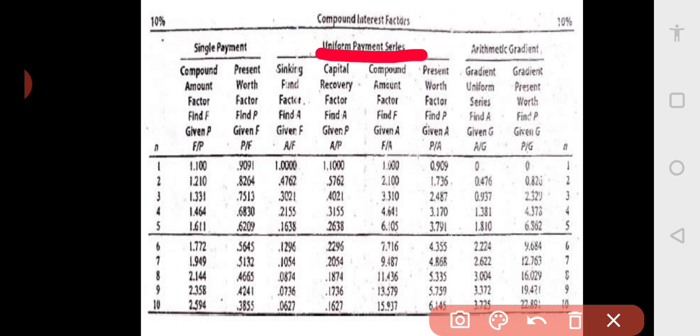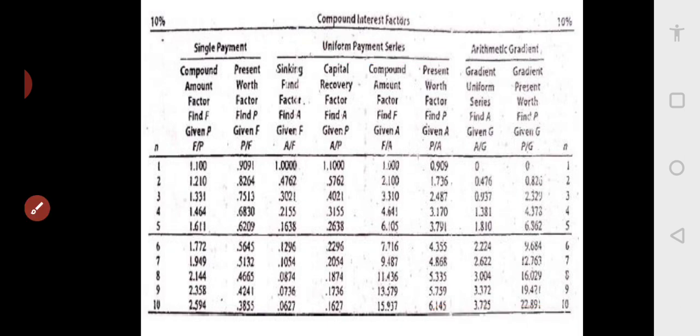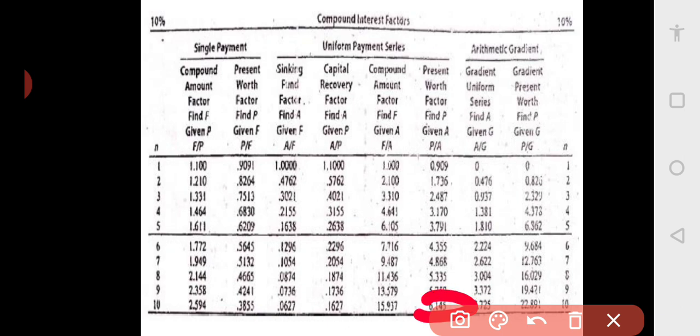So this 6.1446 what you got, this is the value P bar A. I'll show you here. This is the present worth factor P bar A. So we know the A means annual 1,65,000 rupees I am getting, but I want to know the present amount. So I have to multiply this with 6.1446.